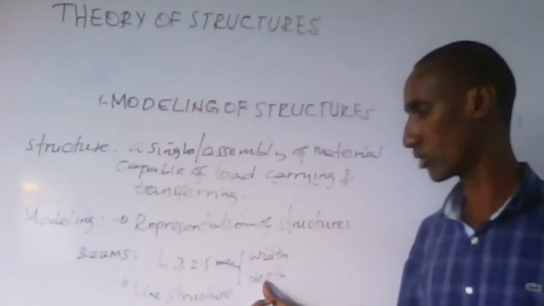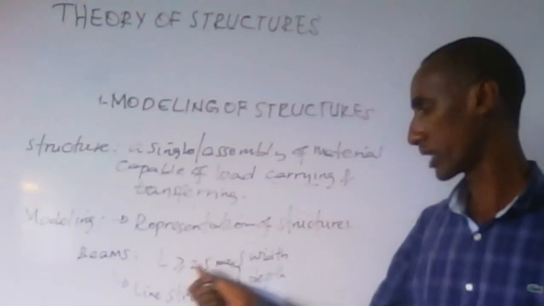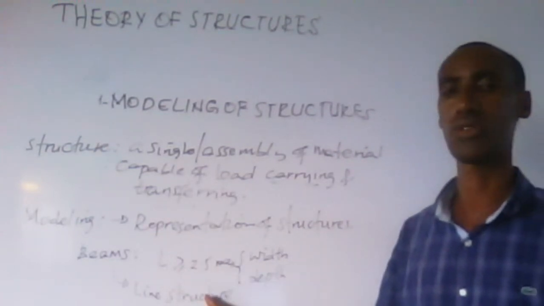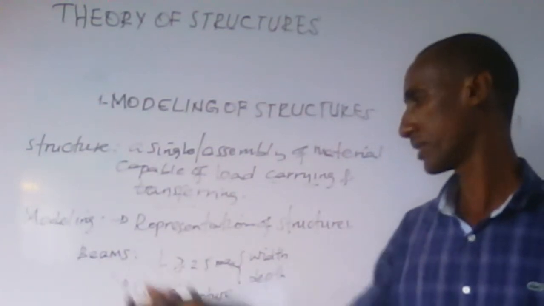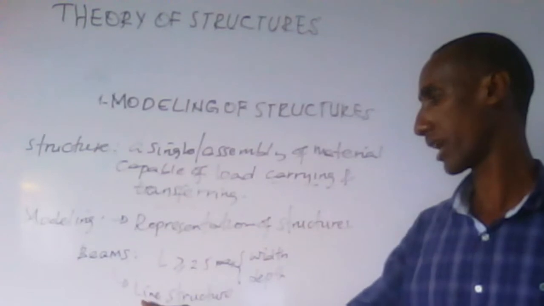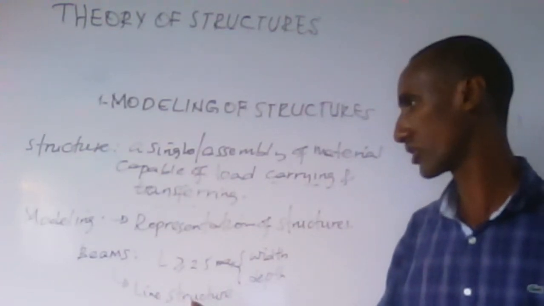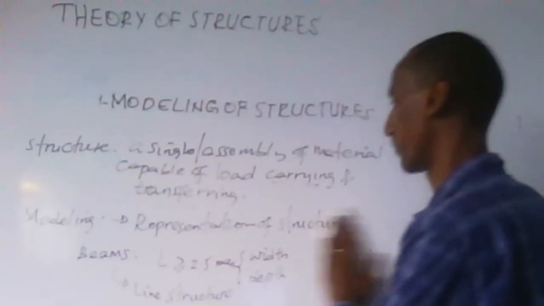Their value is not ignored, but when drawing them, we are only drawing the length of the beams. So the 3D beam is represented as a line element. This is the representation or the modeling of the beams.